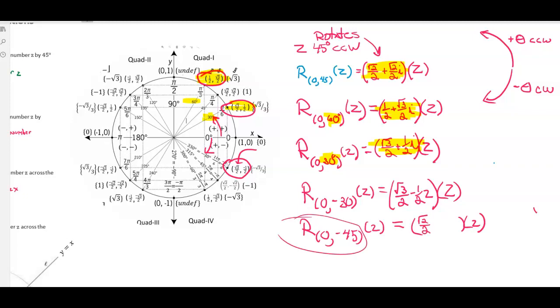Yep, root 2 over 2 minus root 2 over 2 I. And that would rotate it negative 45 degrees. There it is. There's my coordinates. So what these do, they rotate things, but they don't stretch them. This is a rotation without a stretch, without a dilation. Okay, so that's what we talked about yesterday.